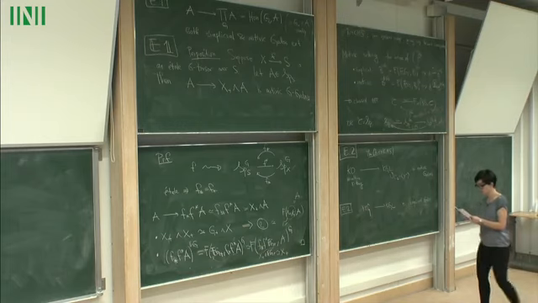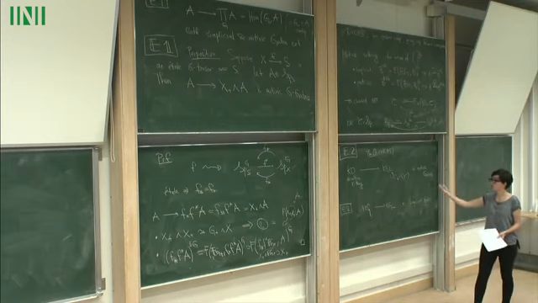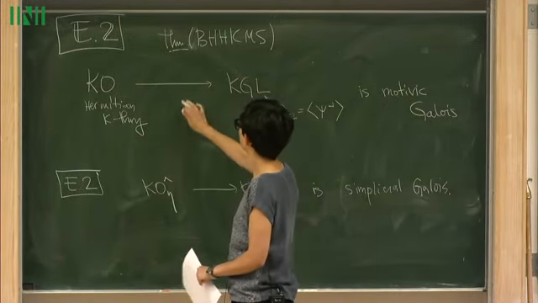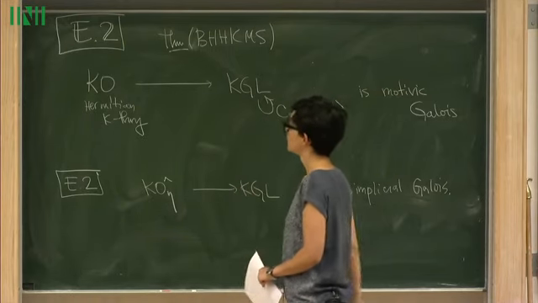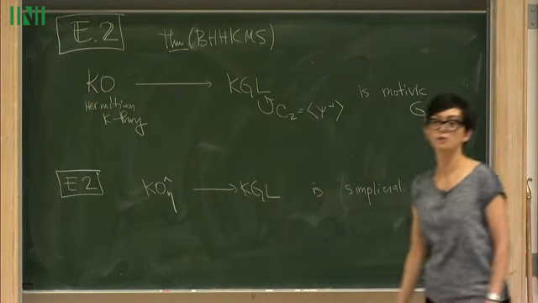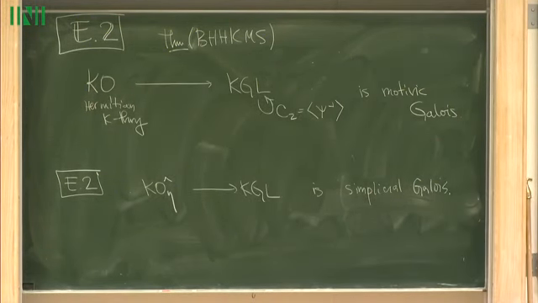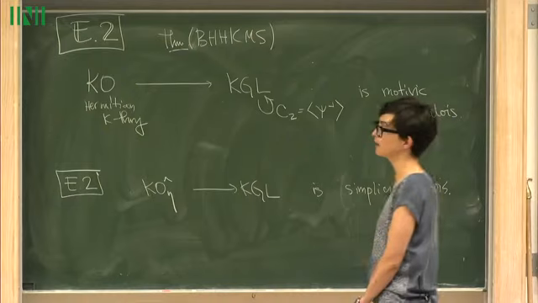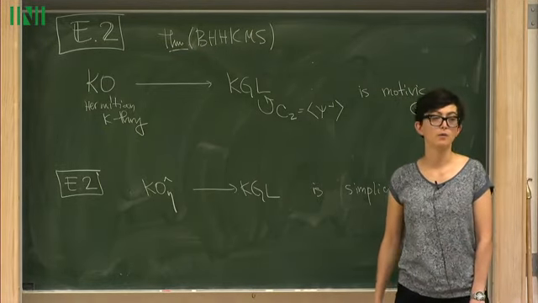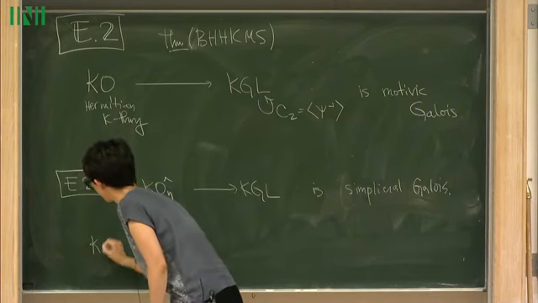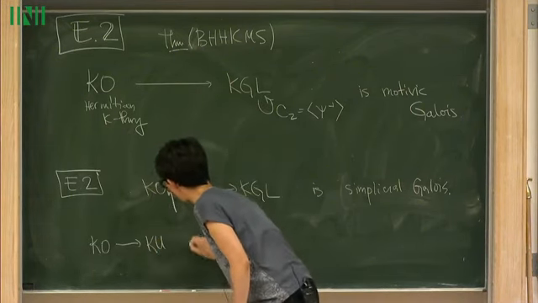Both of these are analogs of Wood's observation, or theorem, that KO to KU, so the real K-theory spectrum to complex K-theory spectrum, is a C2 Galois extension. And this one is really cool because, let's think about ordinary homotopy theory, the usual KO to KU analog.